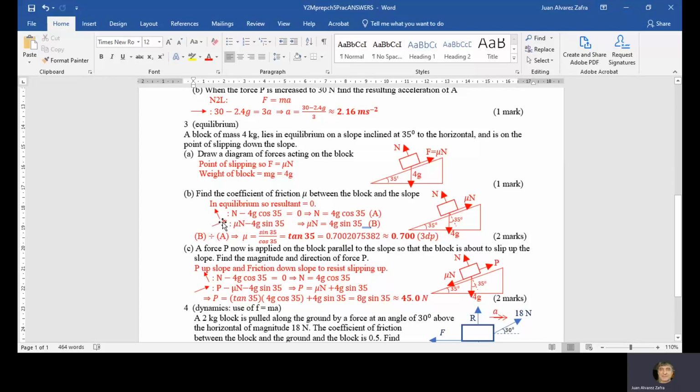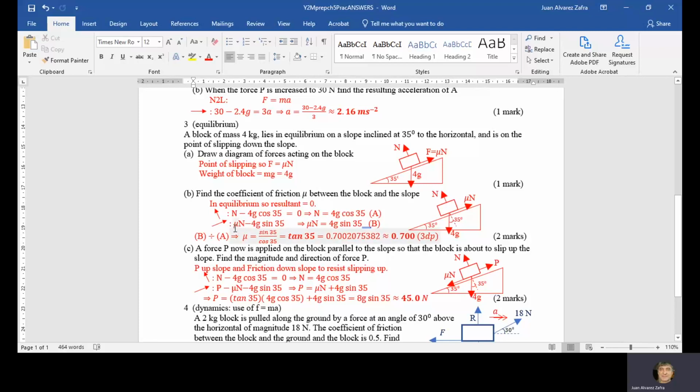Now, if we resolve up the slope, parallel to the slope, we get mu N. N doesn't have a component parallel to the slope, but again, the 4g does. And the 4g resolved parallel to the slope, because perpendicular to the slope was 4g cos 35, parallel to the slope will be 4g sin 35.